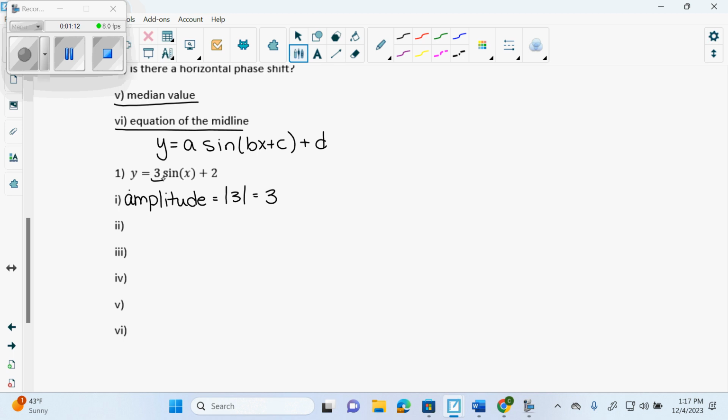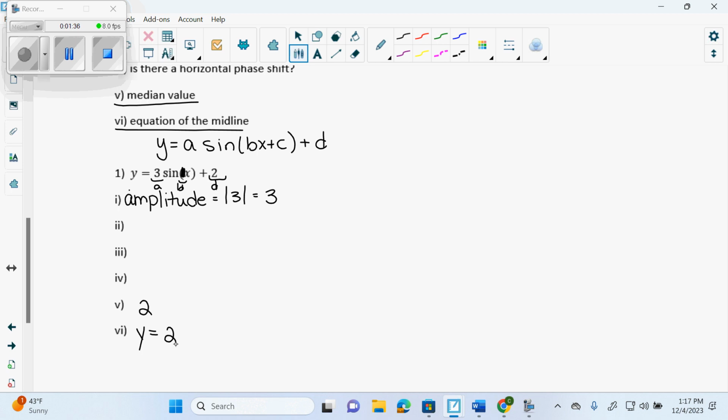So this is my A. My B is 1. My C would be 0, and then this would be my D, correct? So whatever is outside the brackets at the back is your D. So my median value would be 2. And my midline would be y equals 2.